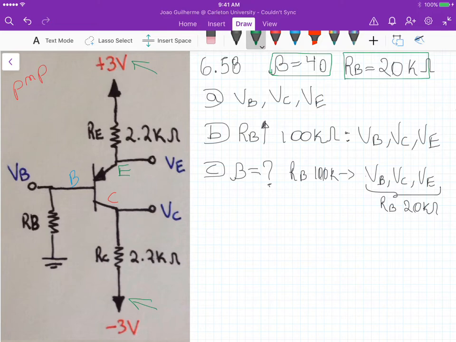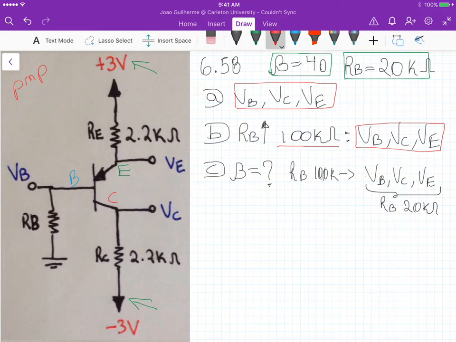So this problem has three parts. The first part is that we consider beta equals 40 and the base resistor as 20K, and we need to define VB, VC, and VE. Then we are going to change that base resistance to 100K, so we will increase RB to 100K, and define again VB, VC, and VE.